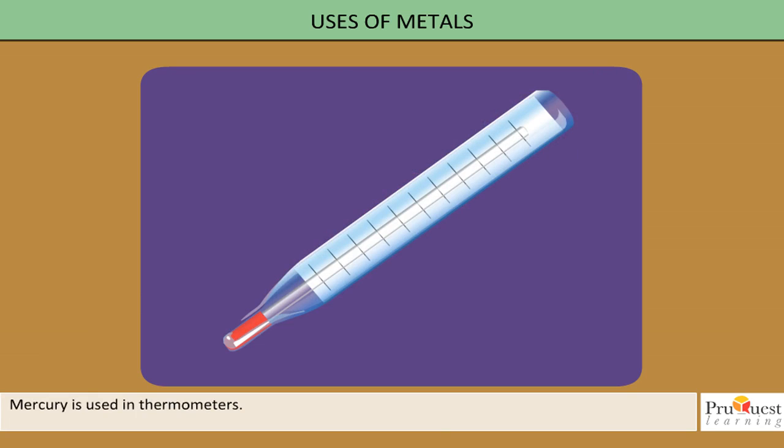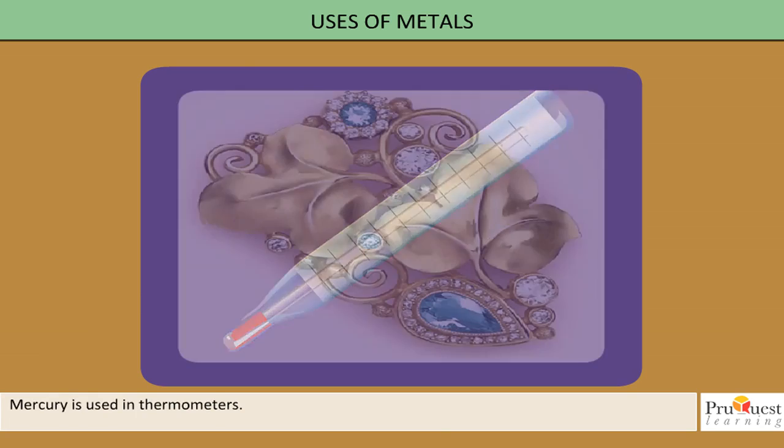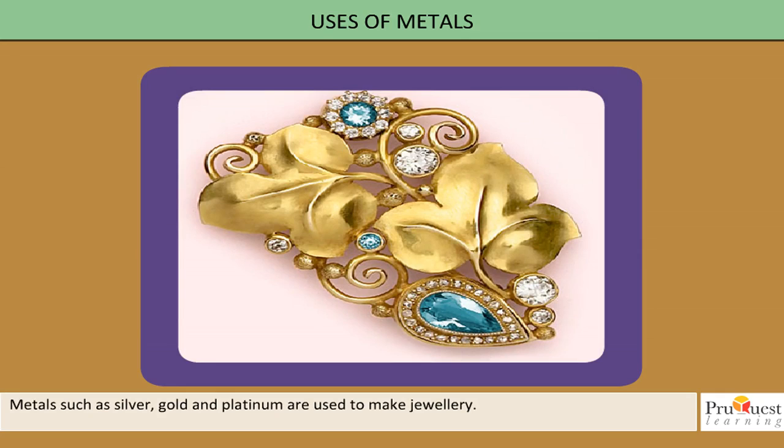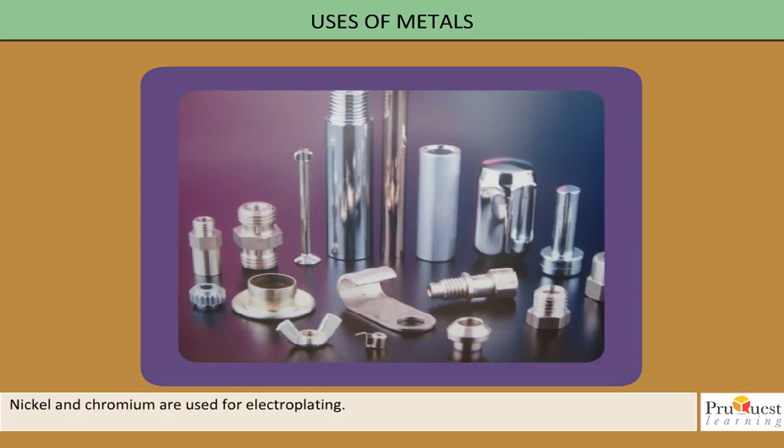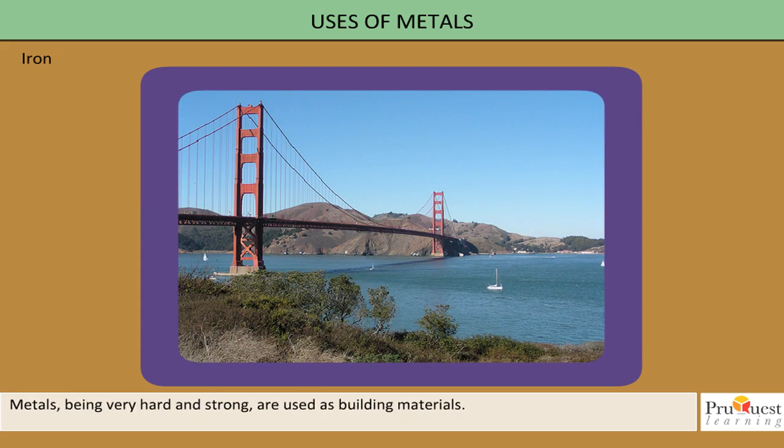Mercury is used in thermometers. Metals such as silver, gold, and platinum are used to make jewelry. Nickel and chromium are used for electroplating. Metals, being very hard and strong, are used as building materials.